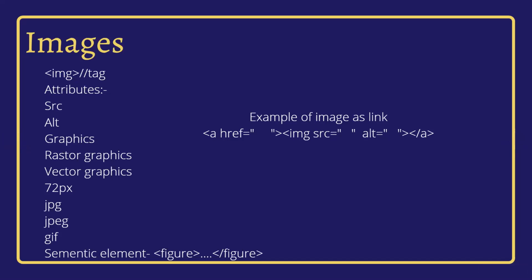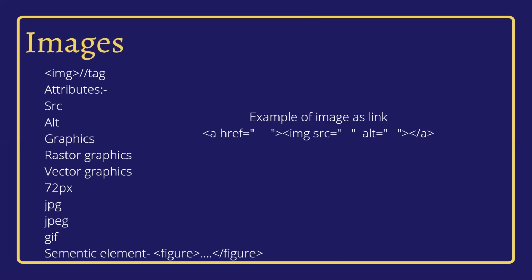This is the source file link to apply the images. And why do we use the alternative attribute? The alternative attribute is used to provide alternative text, which is shown when the image is not uploaded properly for any reason. There are many different reasons why our image is not uploaded properly.